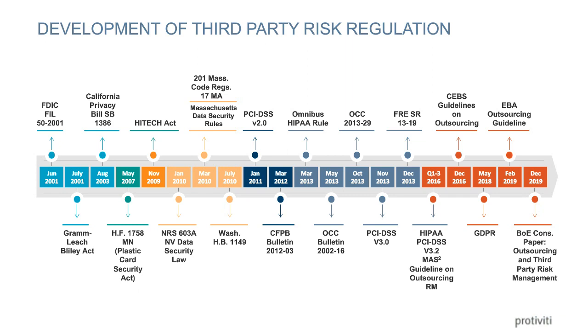As you'll see on this slide, there's been a whole series of different regulatory requirements, some of them industry specific, but many of them not, which has driven a much greater level of third-party risk maturity within the US.